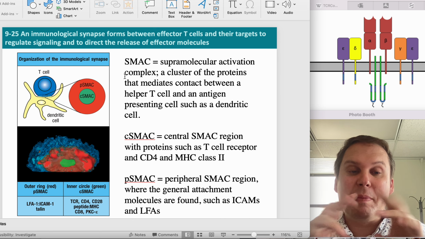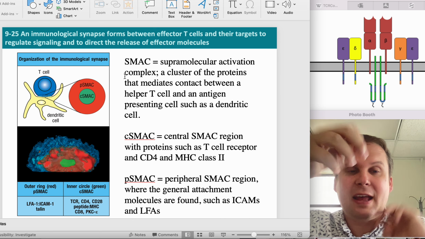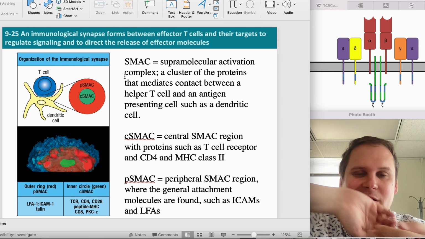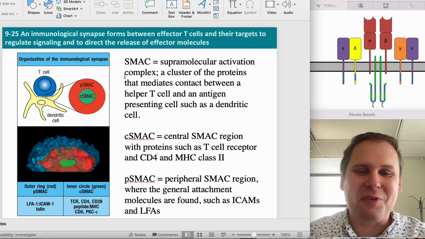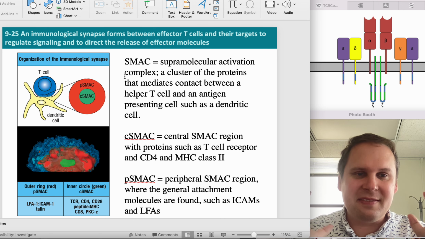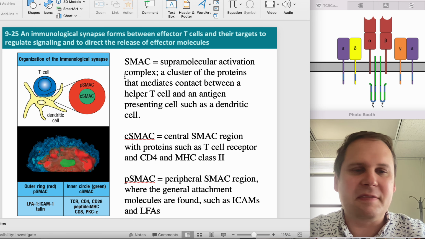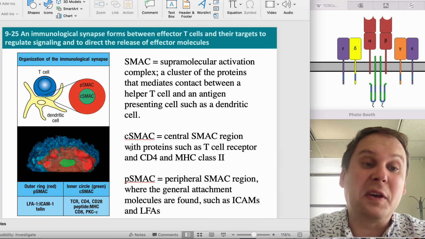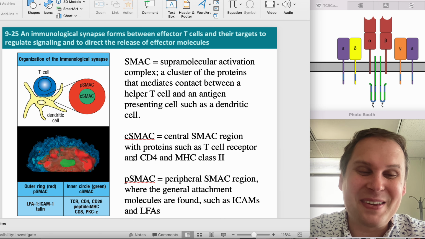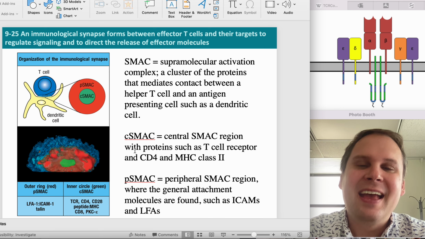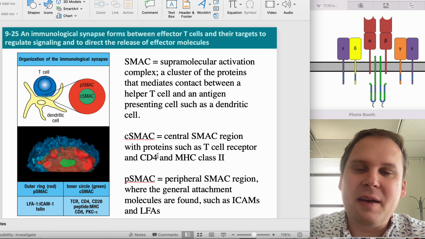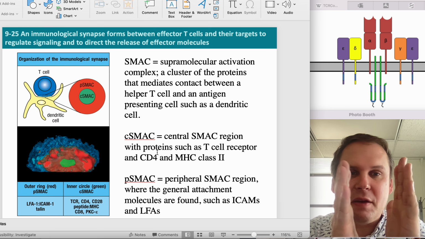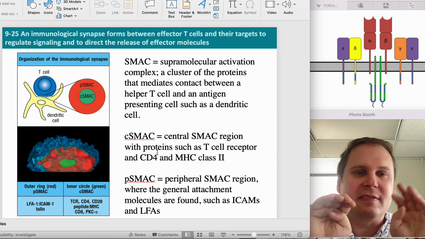It involves a whole bunch of different proteins all interacting, exchanging their little secret handshakes back and forth, and causing T cell activation and signaling. It's actually got two zones, because why not? Why shouldn't we subdivide a normal thing? It's got the central SMAC region, which has the actual T cell receptors and CD4s and stuff like that.